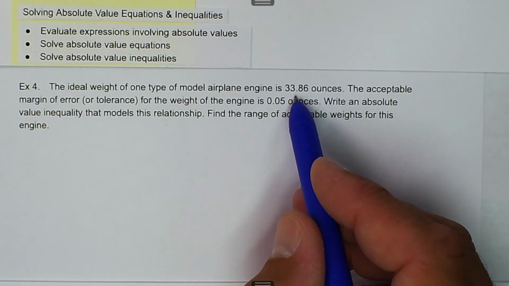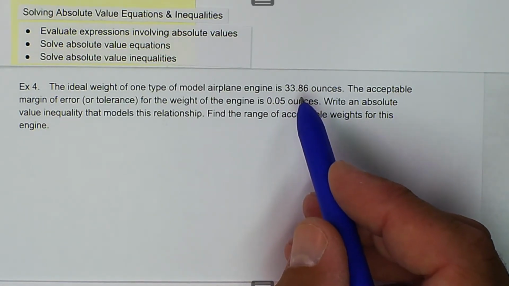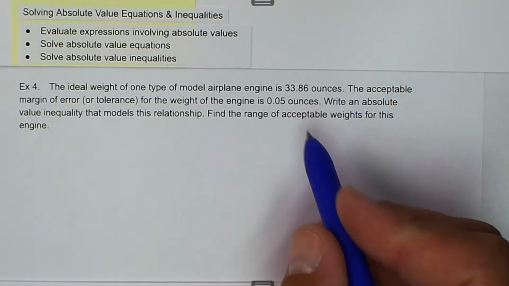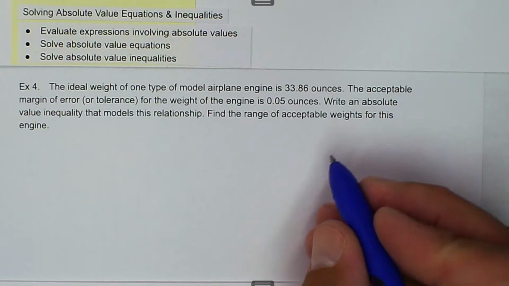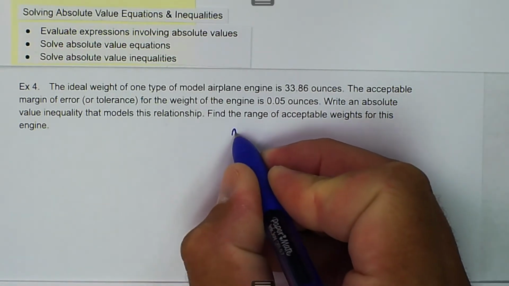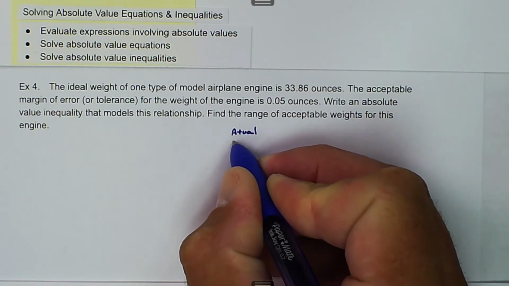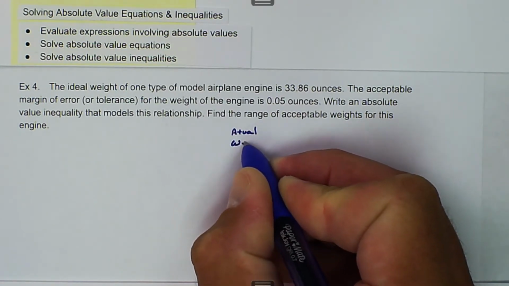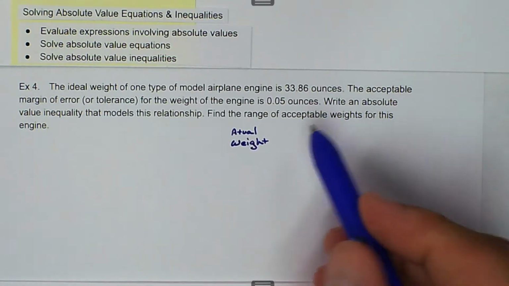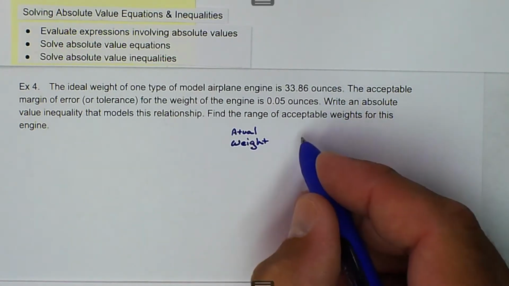Set the engine on a scale and see the weight. So once we have it set, the only thing that we can check is the actual weight, and we can only compare it to the target weight.